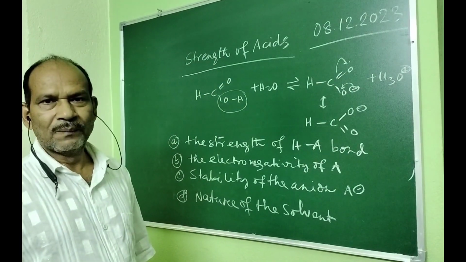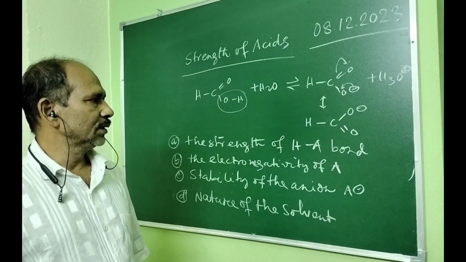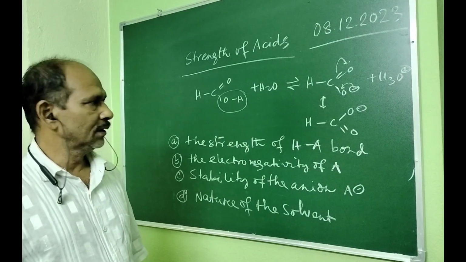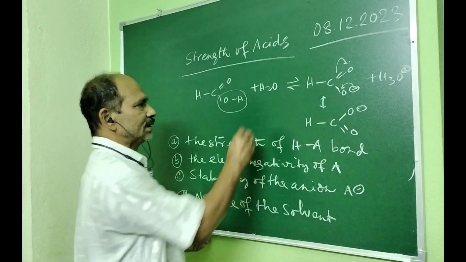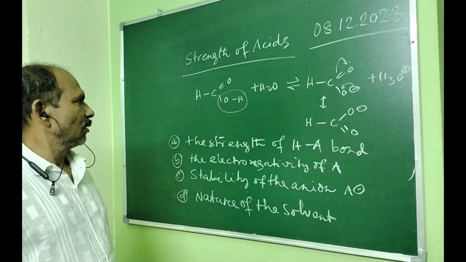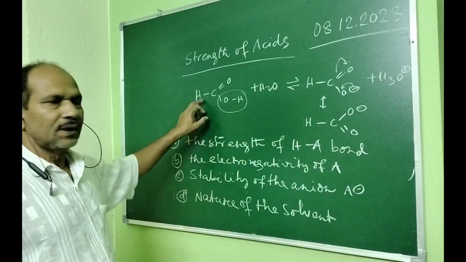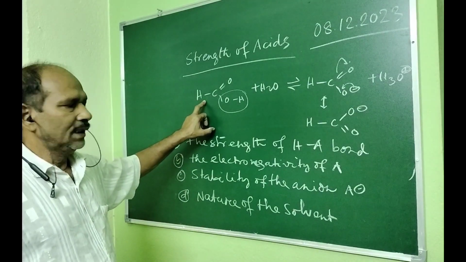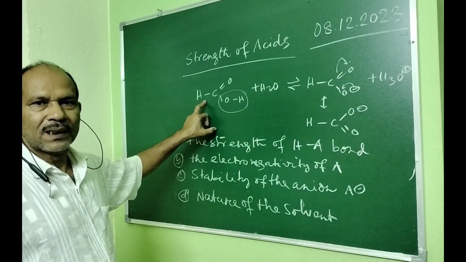So the methanoate anion is very stable. Therefore, the equilibrium shifts towards the right. That's why formic acid, that means methanoic acid, is more acidic compared to methanol.